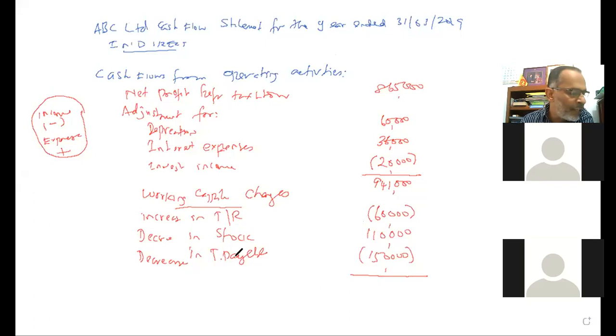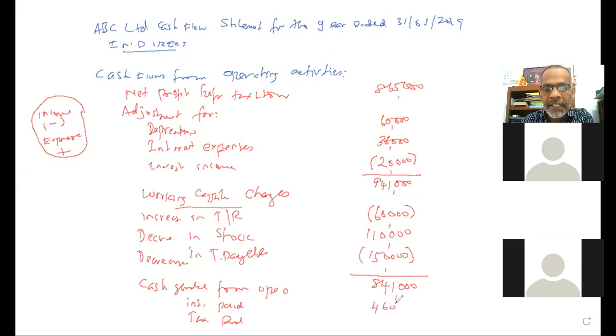Now we can find out the amount of cash generated from operation. Cash generated from operation, that will be, I think, 841,000. From that you want to deduct our earlier cash interest paid as well as the tax paid. Interest paid, there is no change in that particular company, 460,000. Same in the direct method also, 26,000 tax paid by the company, that also no change.